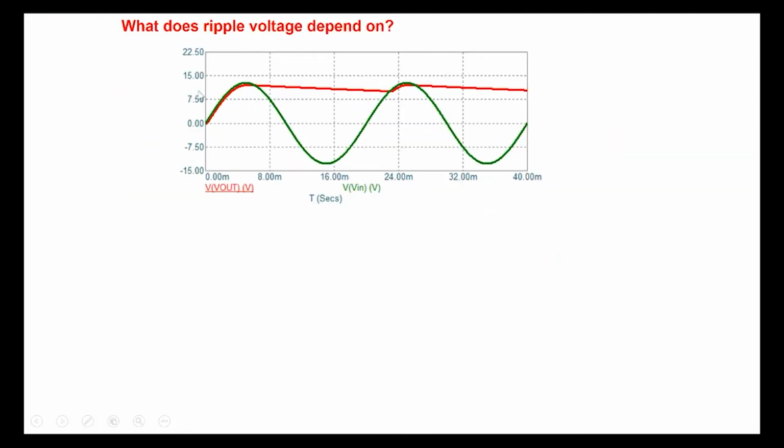All right, so the ripple is something that we don't really want, and the ripple frequency is at the input frequency that you see here, and this DC voltage is going to power lots of devices, and this ripple here can get into the circuit and cause problems, and can get amplified also.